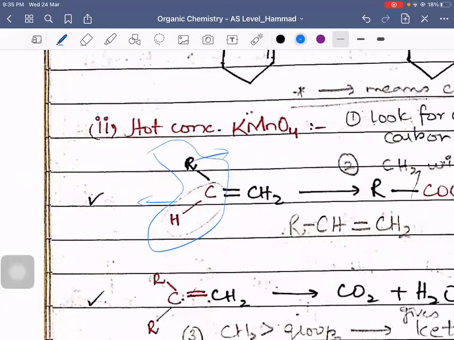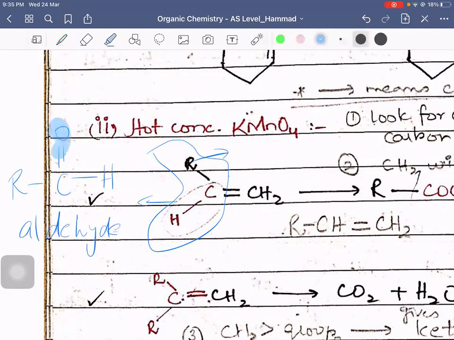R can be any alkyl chain, CH3, CH2, CH2, CH2, and so on. It will convert it into an aldehyde, this being the functional group for an aldehyde. And the remaining CH2 carbon will be oxidized to carbon dioxide and water.